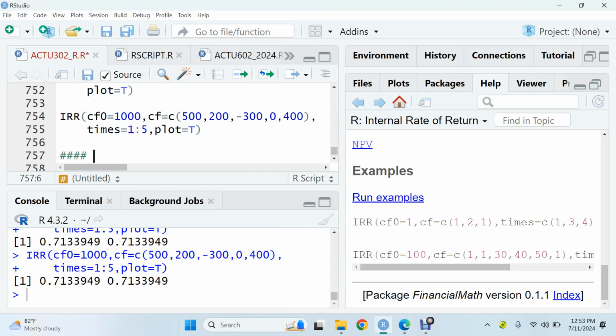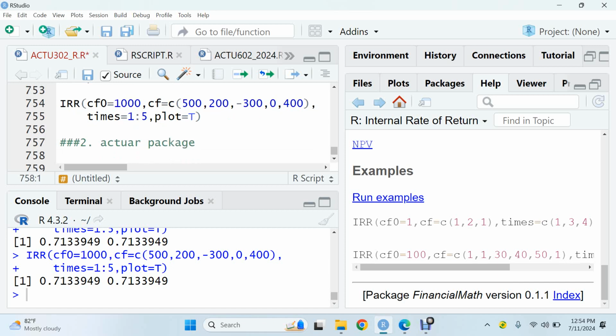Now let's look at another. So second, let's look at actual. I think we've used rings as well, right?